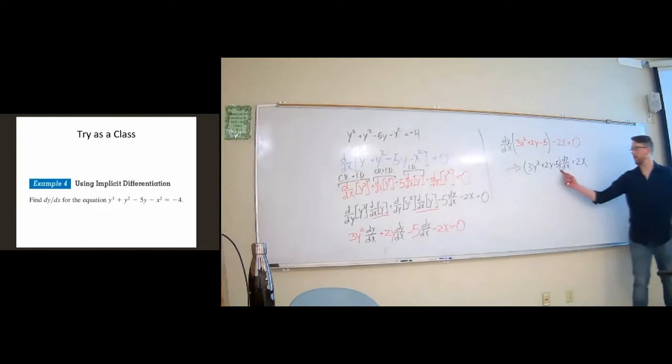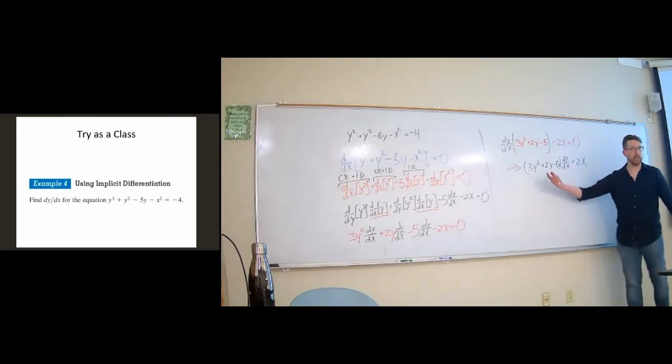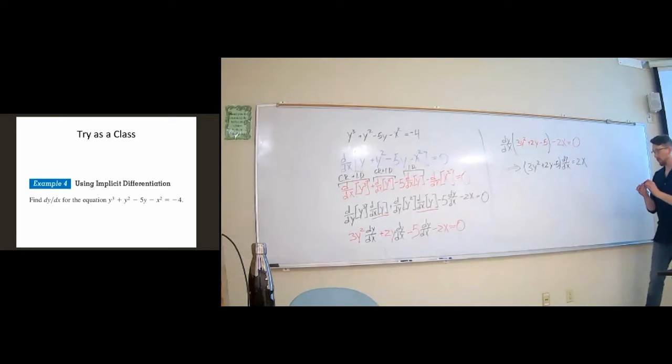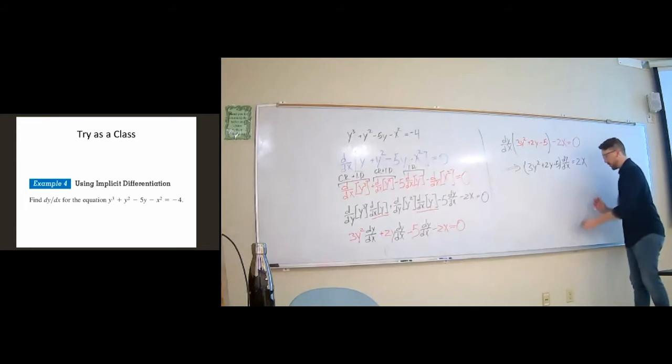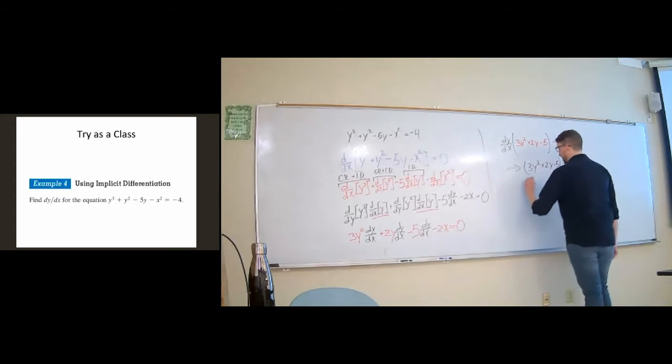Now all we have to do is divide this polynomial from both sides to get that dy/dx is equal to 2x divided by 3y squared plus 2y minus 5.